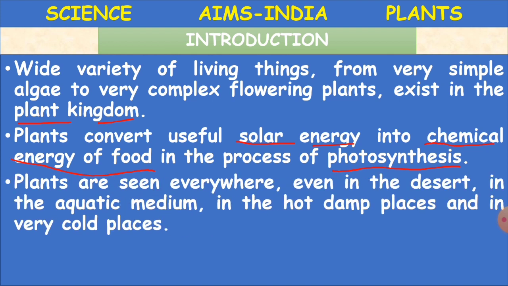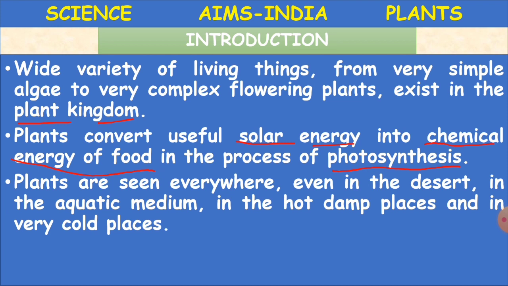And now plants are seen everywhere, even in the desert, in the aquatic medium, in hot damp places, and in very cold places. So plants are seen everywhere. We have different types of landforms on our planet Earth, like plains, deserts, hilly areas, coastal areas, and all this.